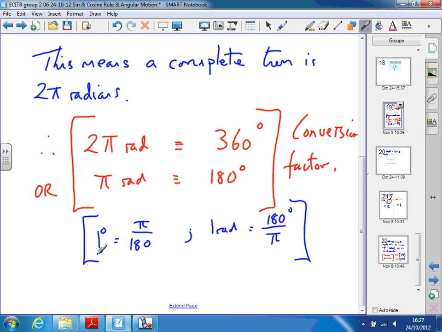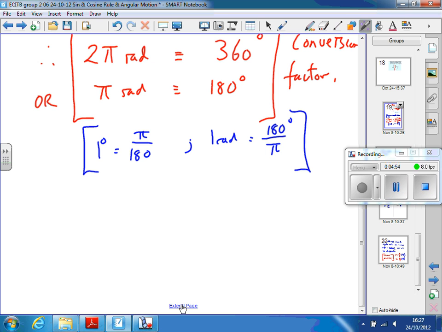So on your calculator, tell me what 40 degrees is in radians. What would I do? 1 degree is pi over 180, so 40 degrees will be 40 times pi over 180, which is radians.